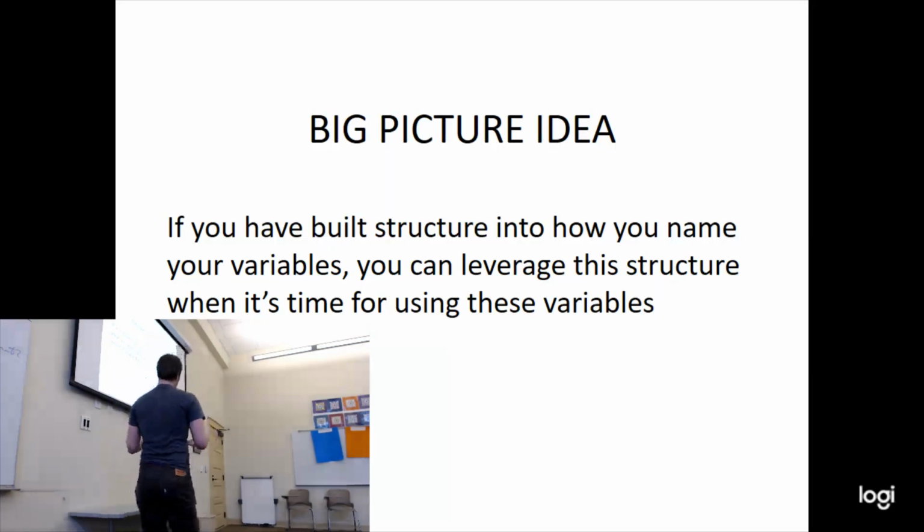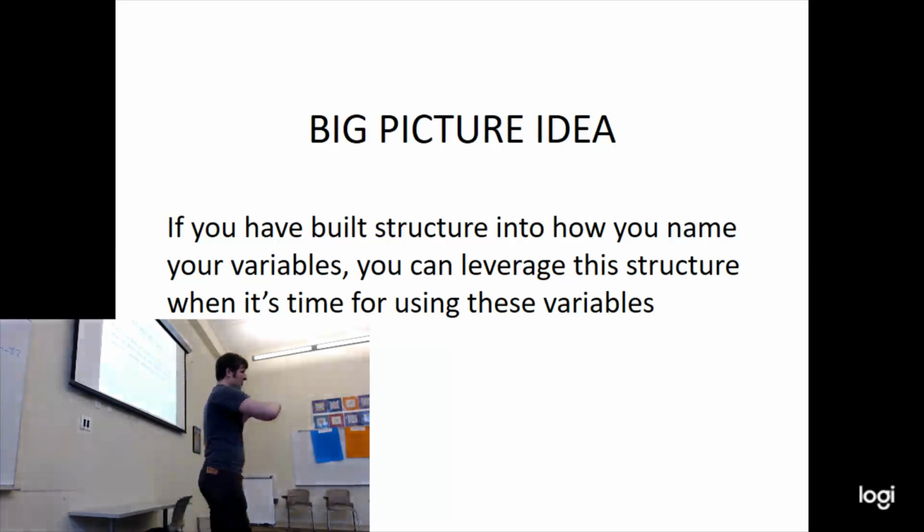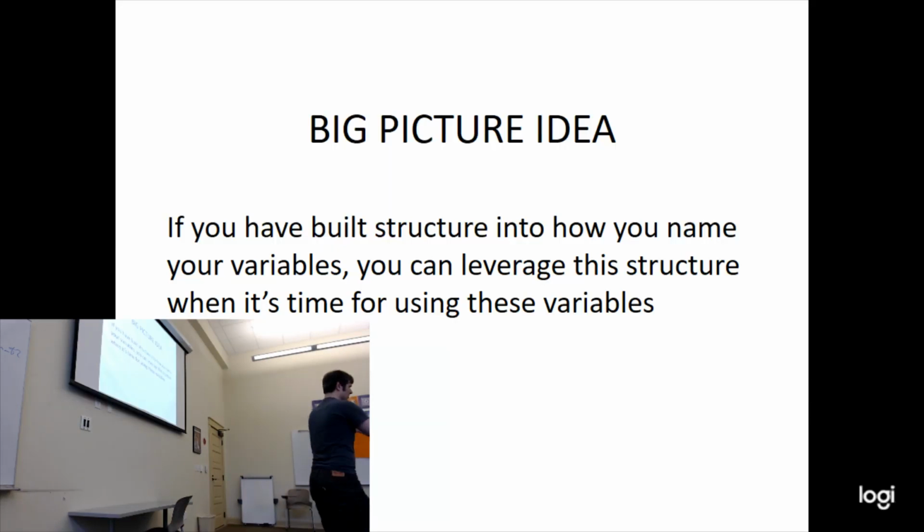The big picture idea is that if you've built in some information about the structure of your data set into your variable names, that can be really powerful when it comes time to analyze your data. So instead of having to type out something like 10, 20, 30 times, if you've encoded some of that information in your variable names, that often leads to much more efficient ways of working with your data.